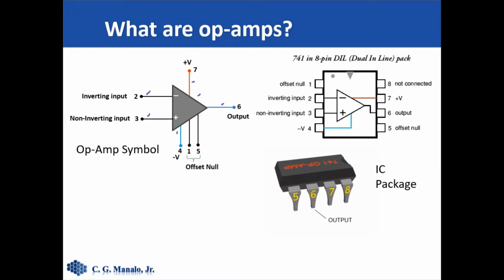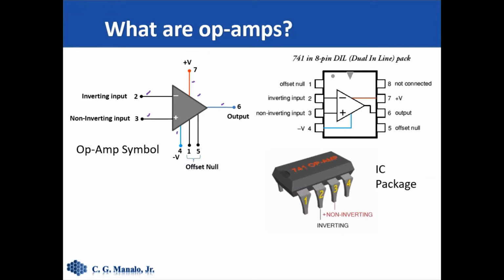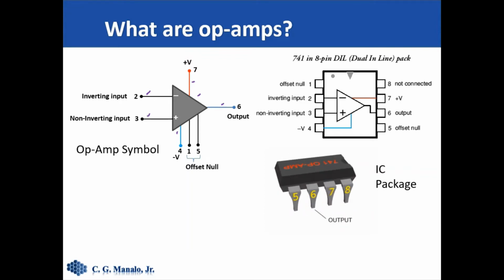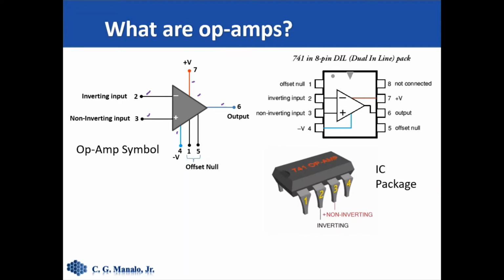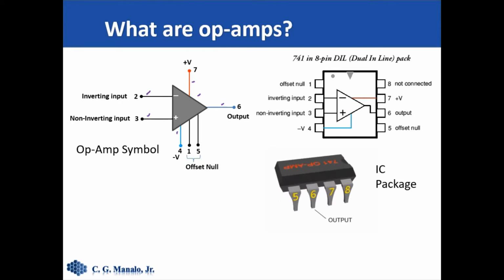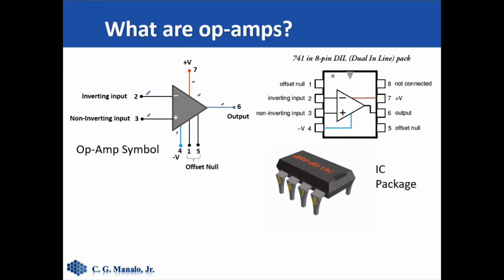In addition, sometimes we also see terminals 1 and 5 that are used for offset. But the most important terminals here are terminals 2, 3, and 6, and we always see them in the analysis of op-amps.